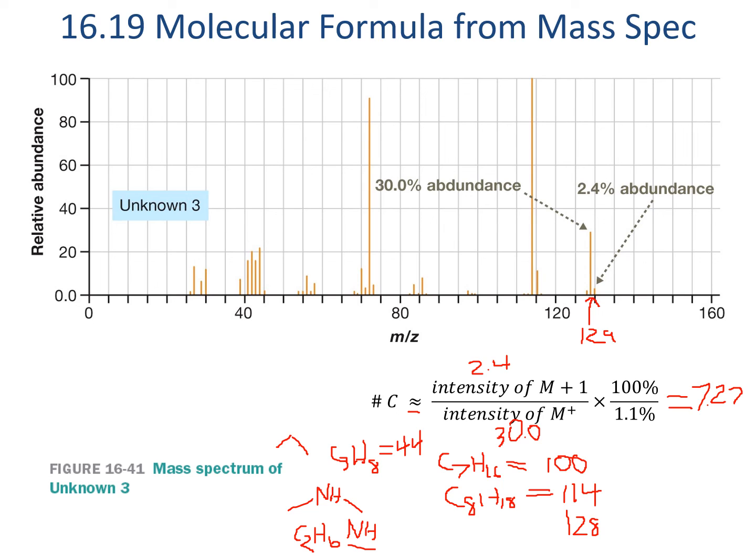That's a way that we can actually get us to the right amounts of mass if we have an odd number. Odd number masses tend to indicate nitrogens. So if we have 114 and then we add an NH group which weighs 15, then we end up with 129, which is actually what we want.